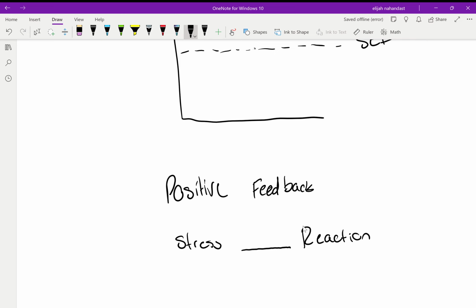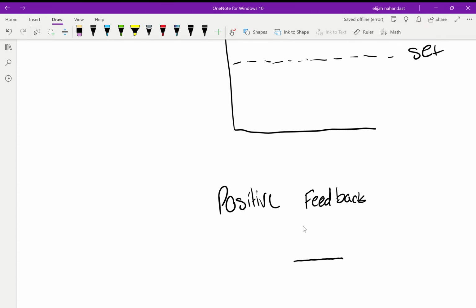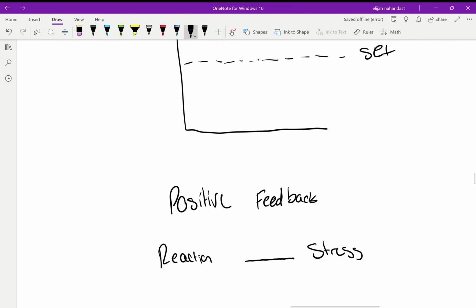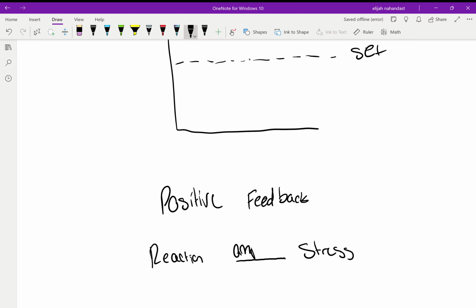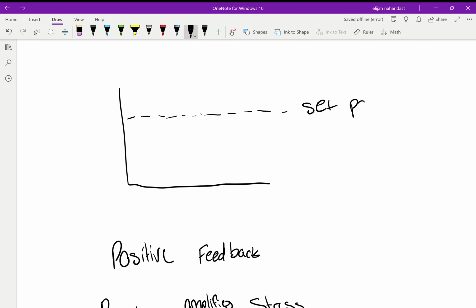In positive feedback, our reaction amplifies stress. You can use a lot of different words to describe it, but the key is that reaction amplifies stress, reaction increases stress, reaction essentially causes us to deviate further from the set point.